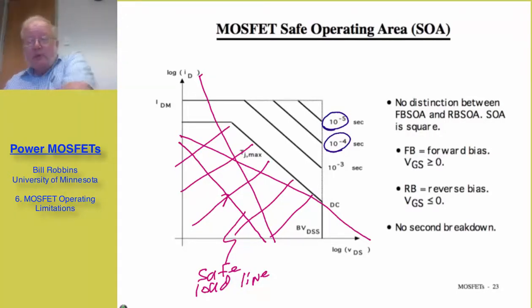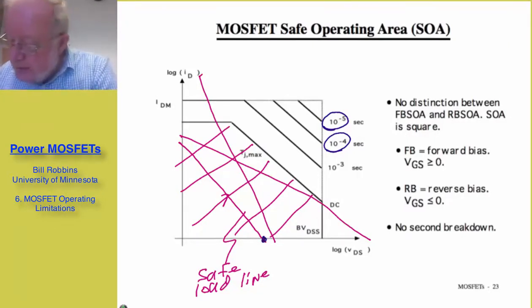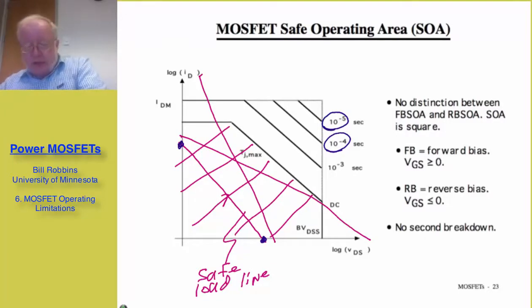And so that's why we try to operate these devices as fast as we can in making the transition from being off here to being on here, or going the other way from being on to being off. We want to make the transition through this active region where we have a combination of large voltages and large currents, which means high instantaneous power dissipation. We want to pass through that region as rapidly as possible.